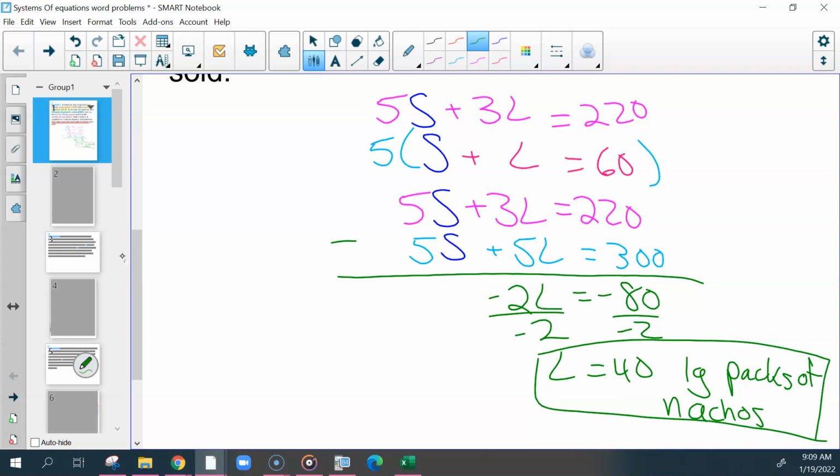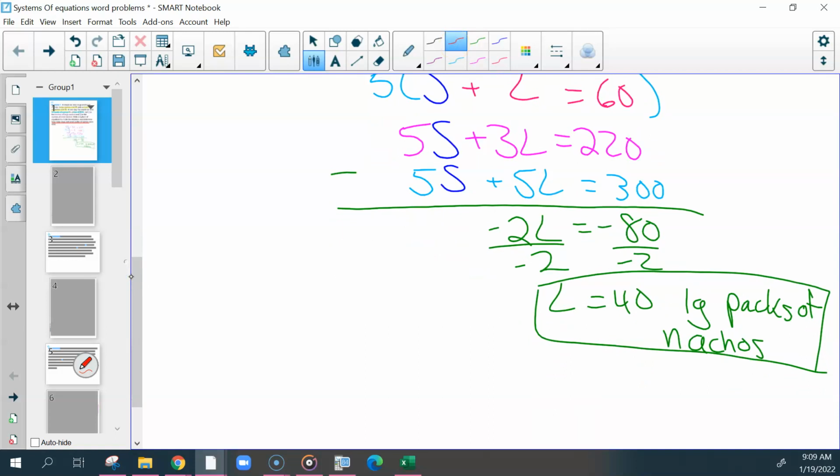If this is 60 and this is 40, what does S have to be? 20. I'll do it still so we recognize what it is, but sometimes you don't have to necessarily put it back in because the math is reasonable. Not all the time.